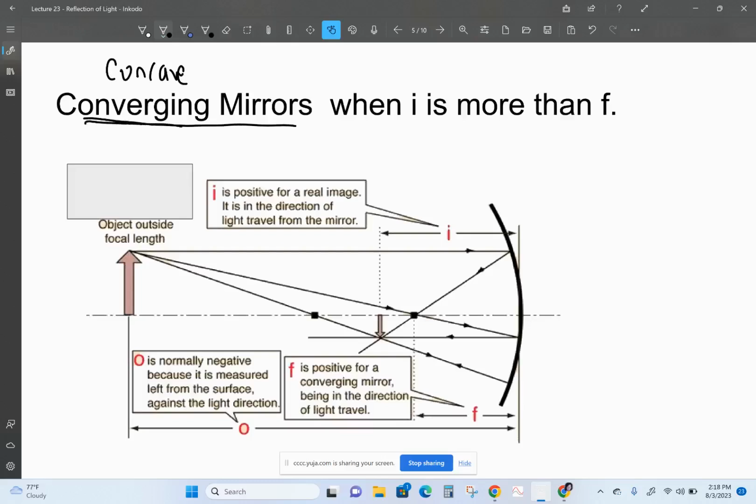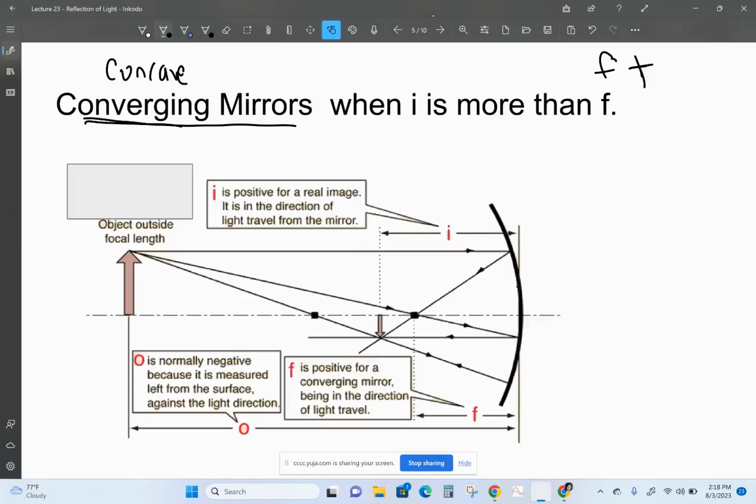A concave lens diverges light. So just remember that the names and what they do are opposite because they do opposite things to light. And since it is converging, f is going to be positive. That's our main rule that always stays the same. The focus is here, and it happens to be always half of the center of curvature.